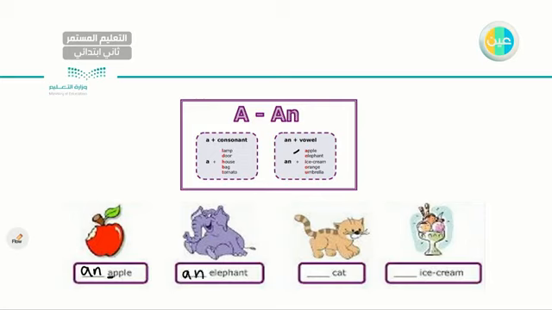An elephant, very good. The next one I have is cat, C. I cannot see it here, so most probably it's a consonant, so a cat. Ice cream starts with the letter I, just one. An ice cream, very good. So let's read the words. I have an apple, an elephant, a cat, an ice cream. Very good. Let's go to the next one.